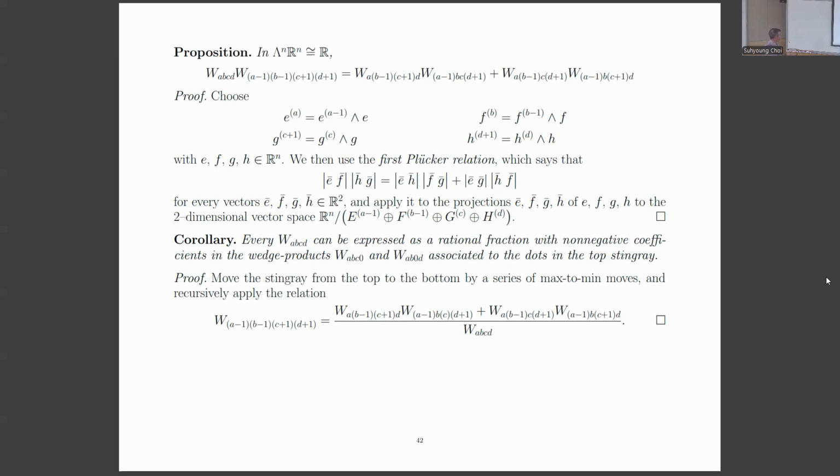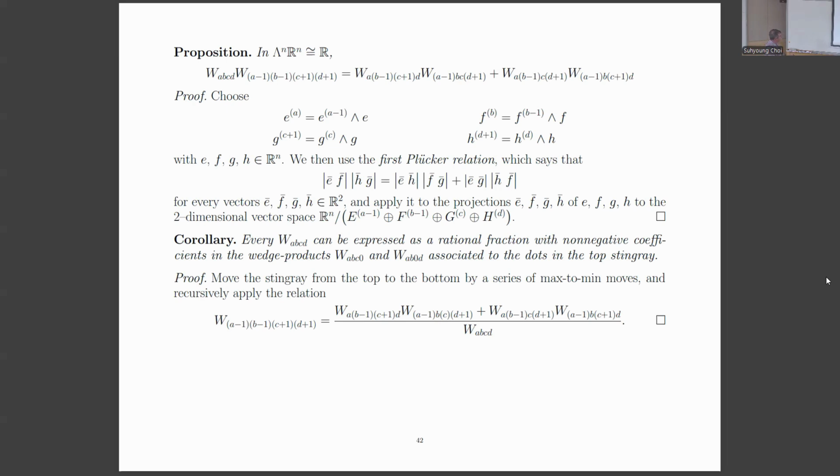If you look at this relation here, you see that in all the terms, the first slot has at least E_{A-1}, in the second slot you have at least F_{B-1}, and in the third spot, you have at least G_C.